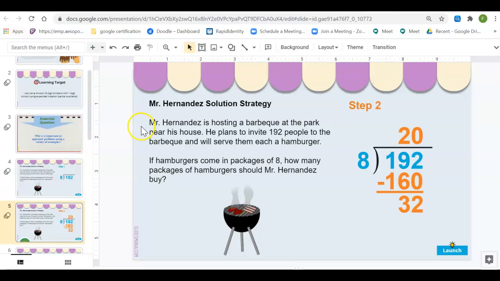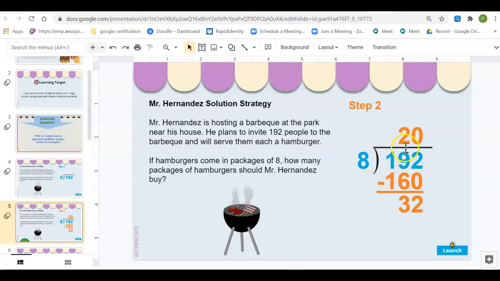I'm going to go to the next slide, and you'll see that in the orange it shows step 2 for the same problem. You'll notice that he thought about what number times 8 would give him an answer that's close to or equal to 192 without going over.